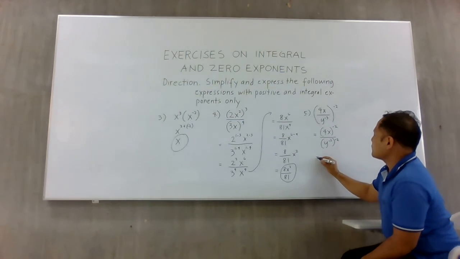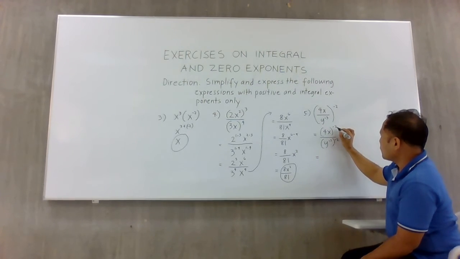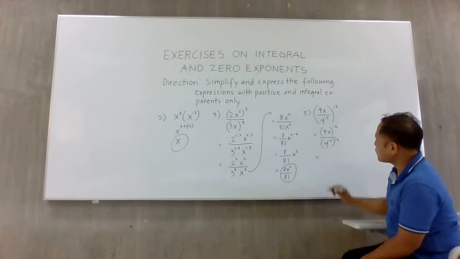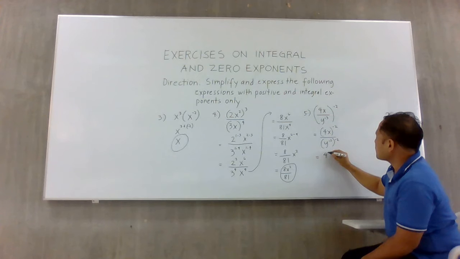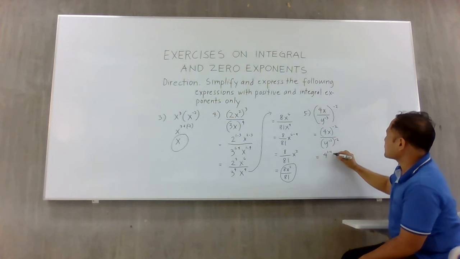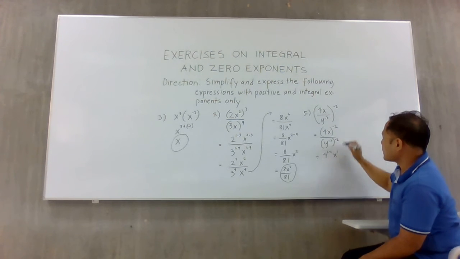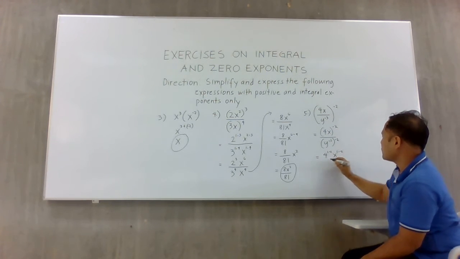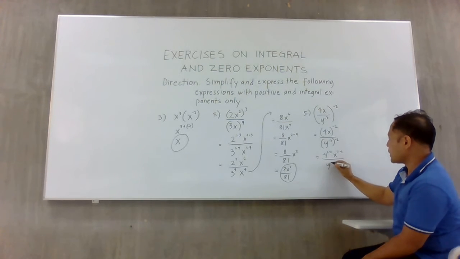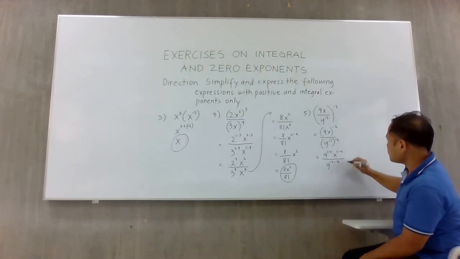Then we can distribute -2 to each factor in the numerator. So 4, 1 times -2. It has 1 already here. Then x, it has 1, but it is being multiplied by -2. That's how we distribute the exponent. And then y to the power -3 is being multiplied by -2.